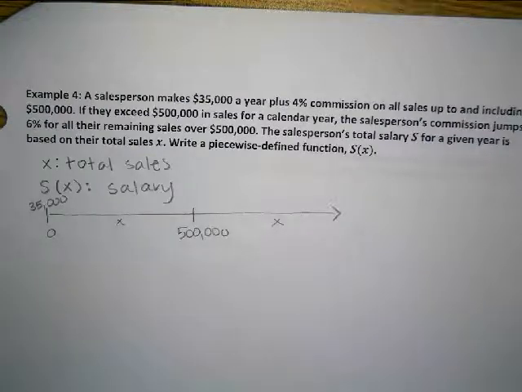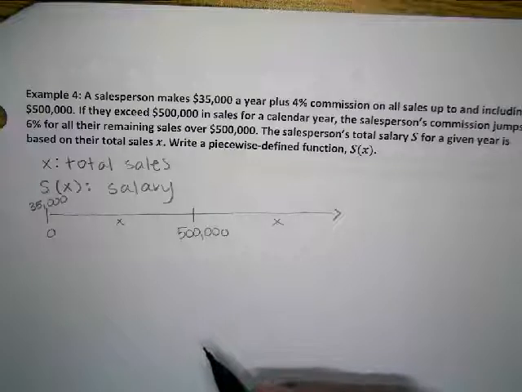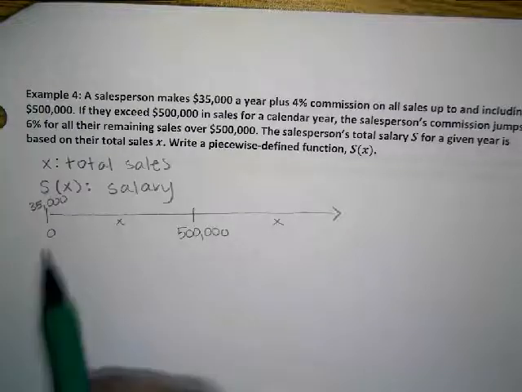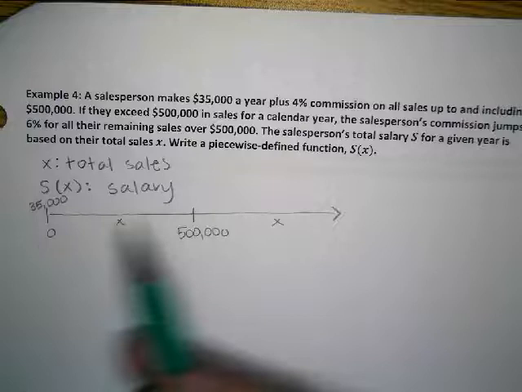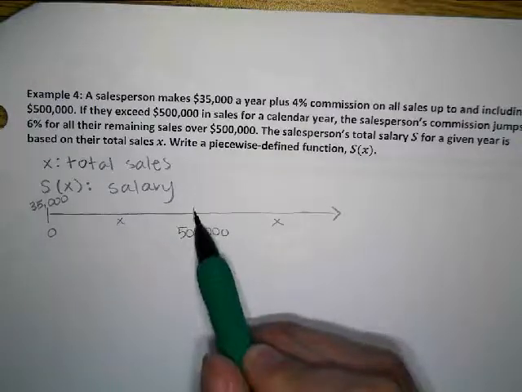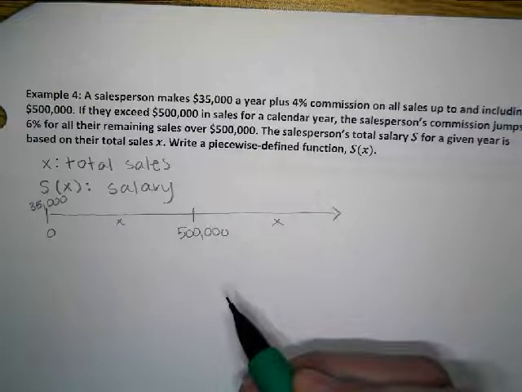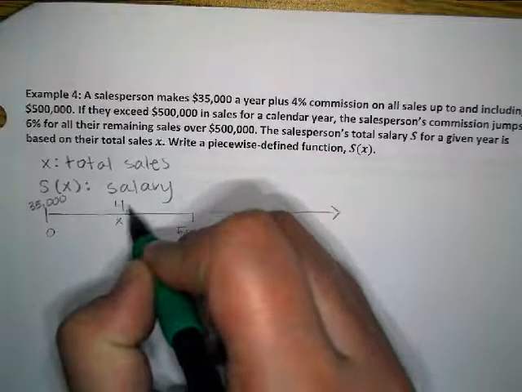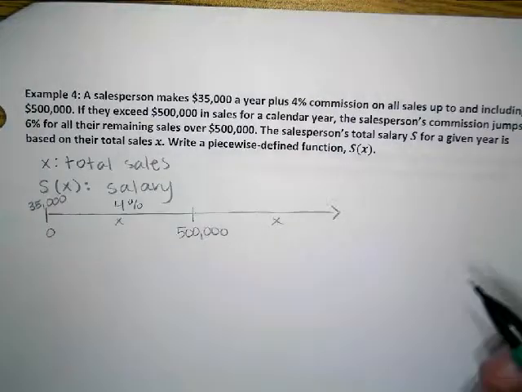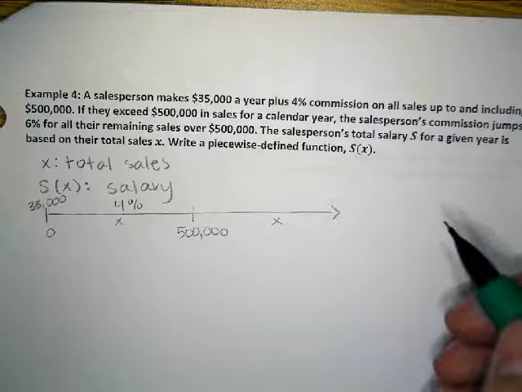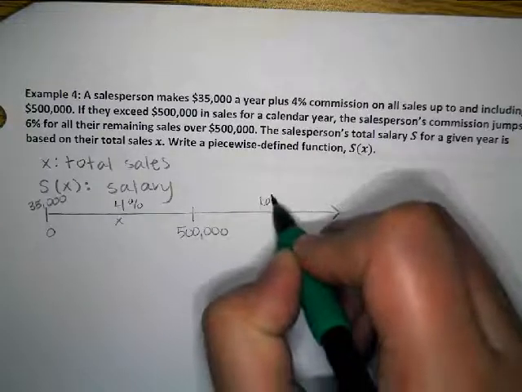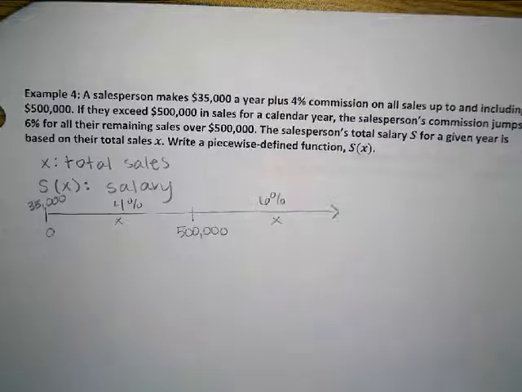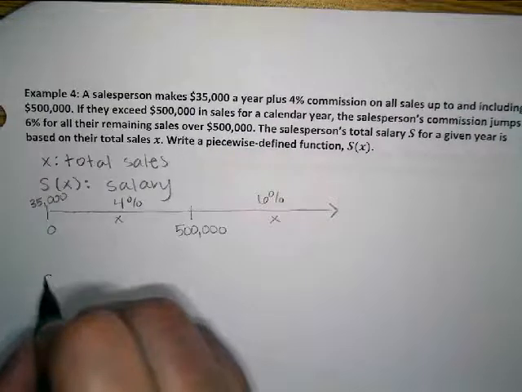And if you make between 0 and 500,000 in sales, what's your percentage commission? 4%. And if you make above 500,000 in sales, what's your commission? 6%. All right. So we're going to have S of X, my salary dependent on what I sell.